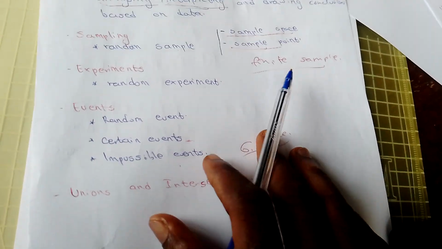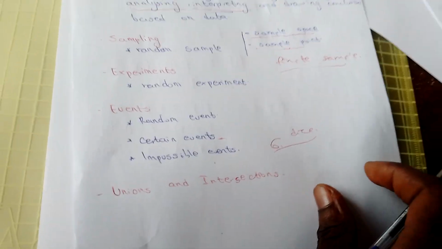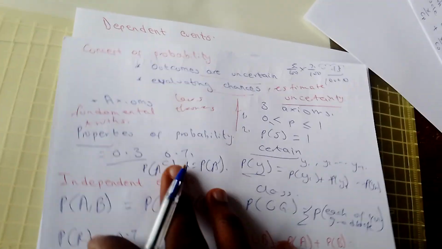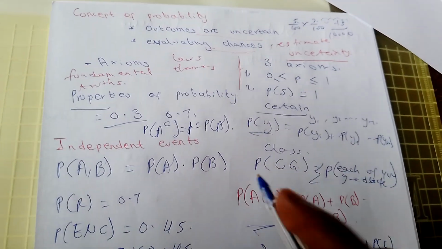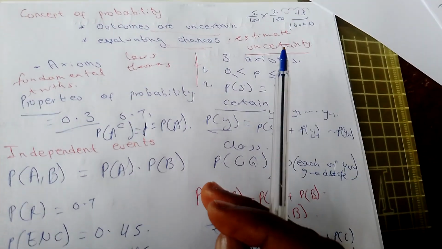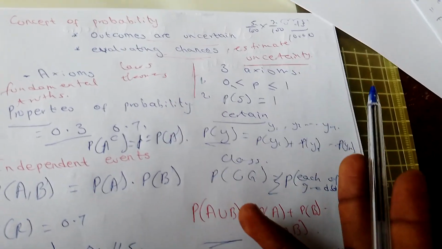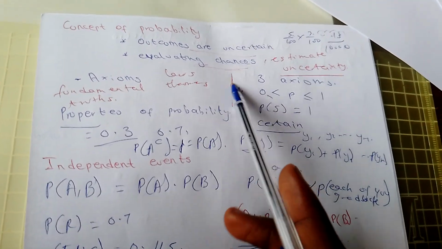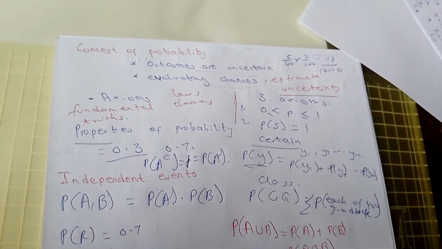And then we spoke about unions and intersections, and these are quite familiar faces. And then we spoke about concepts of probability. We spoke about probability being about outcomes that are uncertain, and we're trying to calculate the chances, or basically the uncertainty. And we spoke about the axioms of probability, the three main axioms of probability.